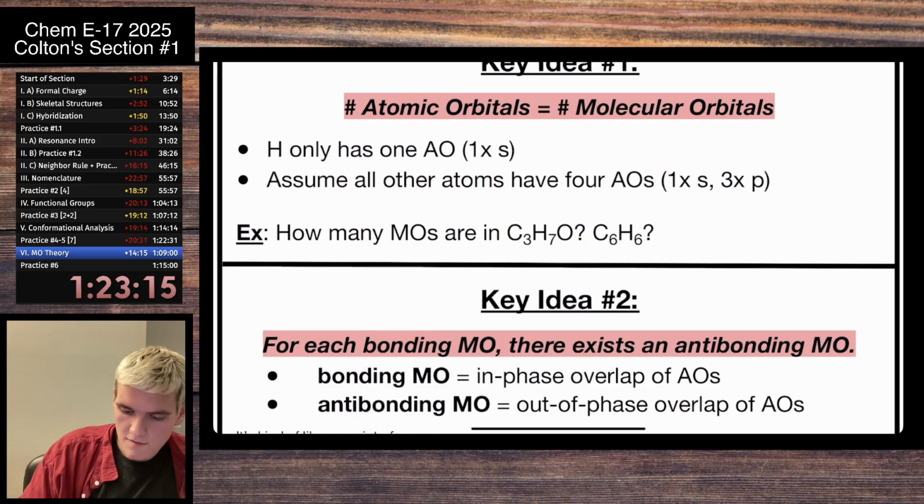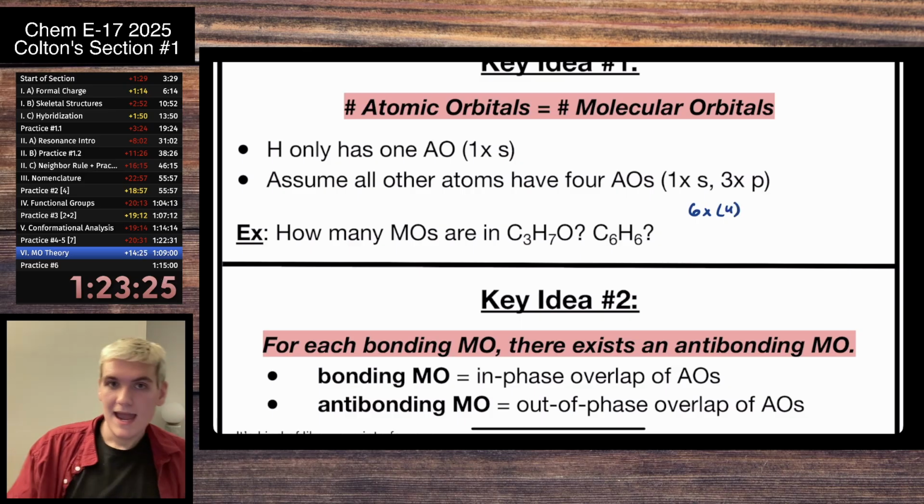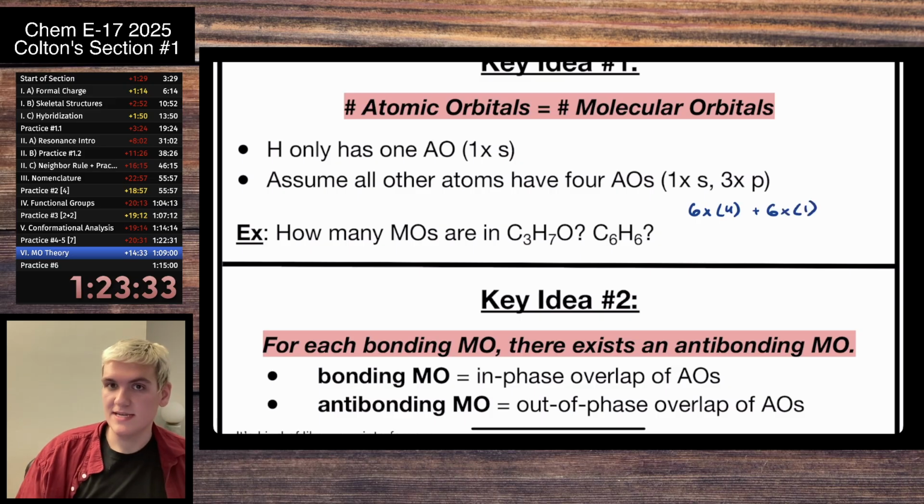So I'm going to start off with C6H6. Well, I have 6 carbons, and we know that carbon brings 4 atomic orbitals to the table. And then I have 6 hydrogens, and I know hydrogens bring 1 atomic orbital to the table.